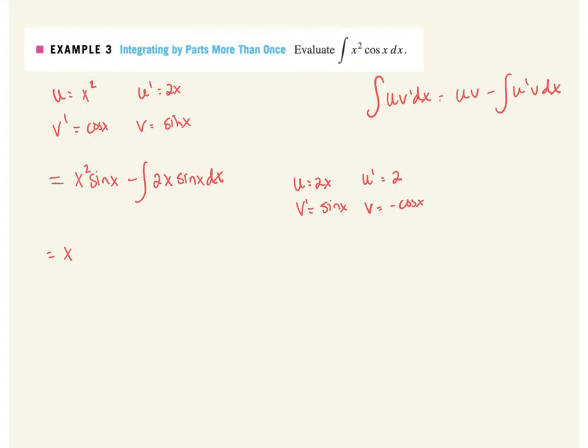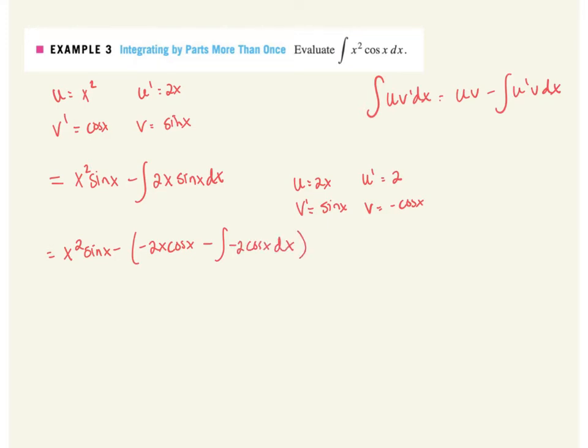So x squared sine x minus the quantity uv, so 2x negative cosine x, or minus 2x cosine x, minus the integral of u prime v, so 2 negative cos x, or negative 2 cos x dx.